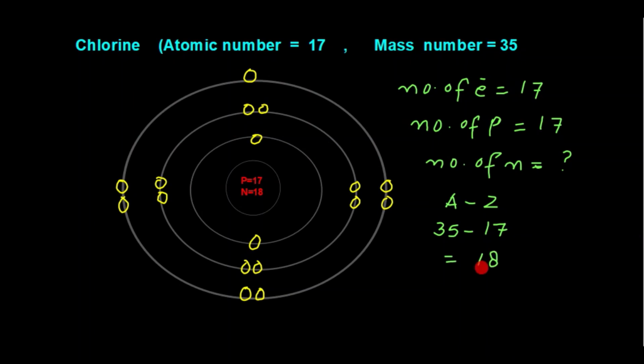It means how many neutrons are present in chlorine? There are 18 neutrons. And what is the position of neutrons? Neutrons are present inside the nucleus along with protons. Protons and neutrons, they are present inside the nucleus, while electrons are present in different energy levels or shells. I hope this question is clear to you.